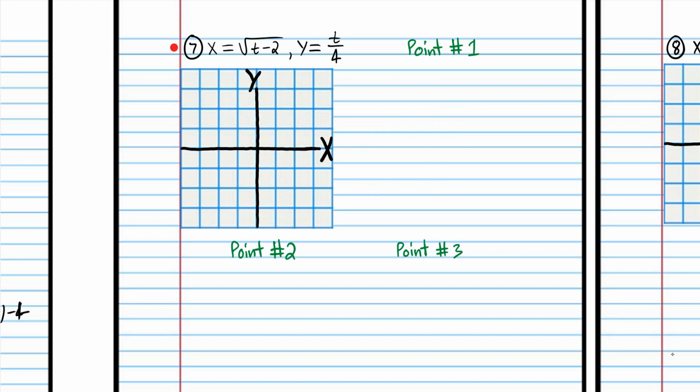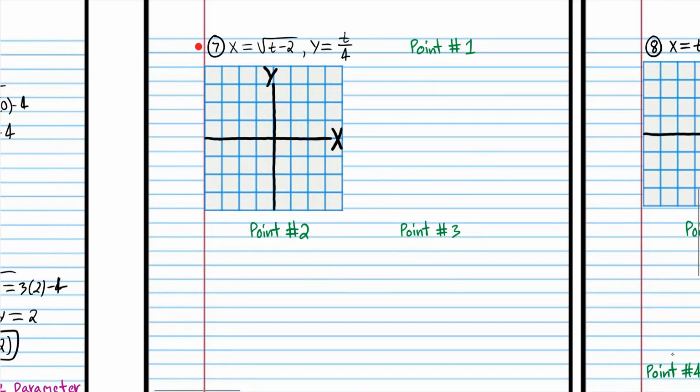So now we're going to go to the window, and we see the window that we should have here. So make sure that all your numbers are in the right window. I'm going to do that now in my calculator.